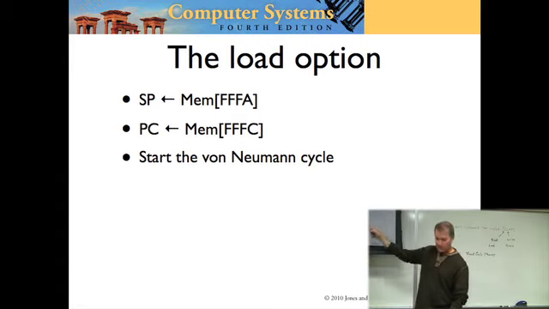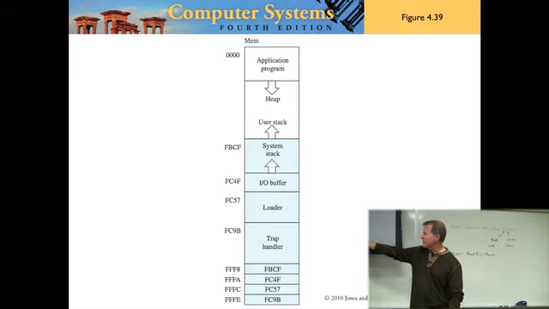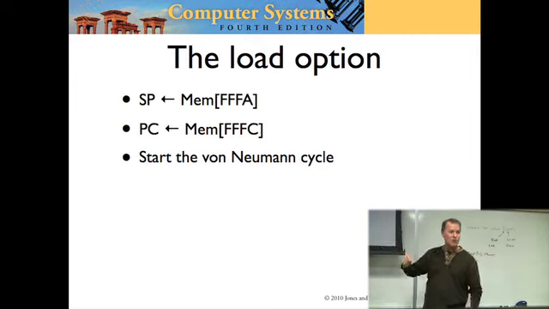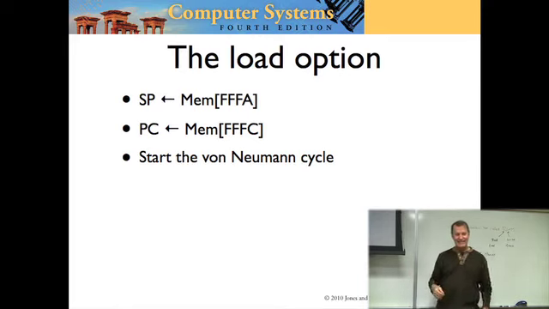Are you with me? Then what does it do? It goes to mem sub what? FFFC. Well, let's go down here to what is in mem FFFC? The loader address. FC57. So what gets FC57? The program counter. So when we start the von Neumann cycle, what happens? It starts at what? The loader.